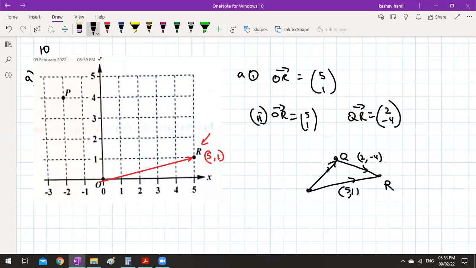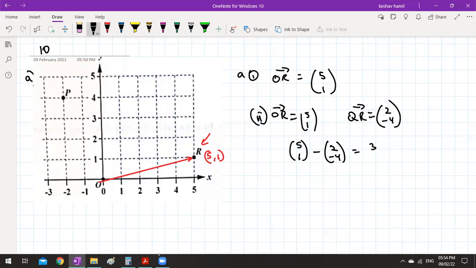In order to do that, we have to go backwards more or less. So we have to subtract, right? So we will take 5, 1 and subtract 2, negative 4, and you'll get 3, 5. So that will give us the vector OQ.